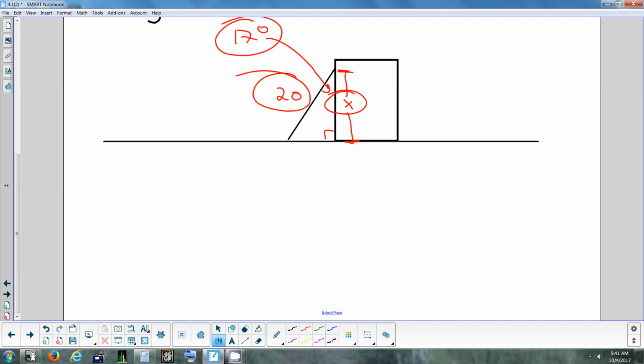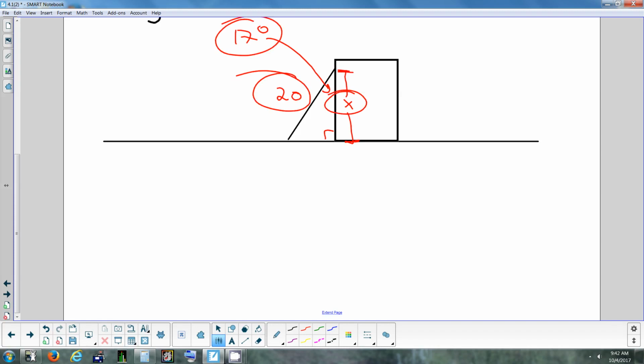And Hayden, what about the side that's labeled x from the perspective of the 17? It's adjacent because it's right next to the 17. So Zach said we have hypotenuse. Hayden said we have adjacent. So Faith, what trig function has adjacent and hypotenuse in it?